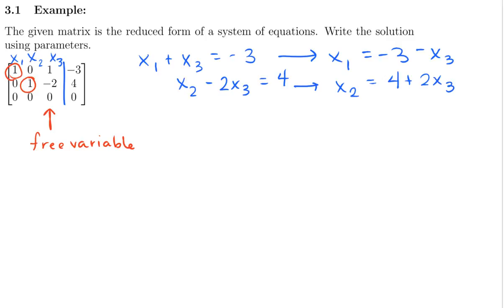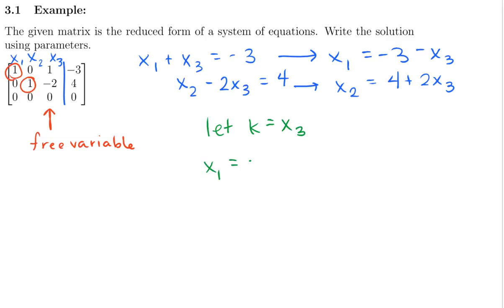And now we're going to introduce a parameter. A parameter is a new variable. We typically use things like h or k or s or t, just a single letter, and it shouldn't be one of the variables that you already have in your system. We're going to use k for this example, so let k equal our free variable, x3.